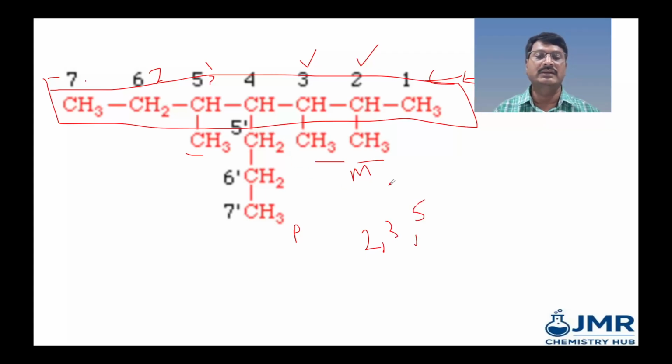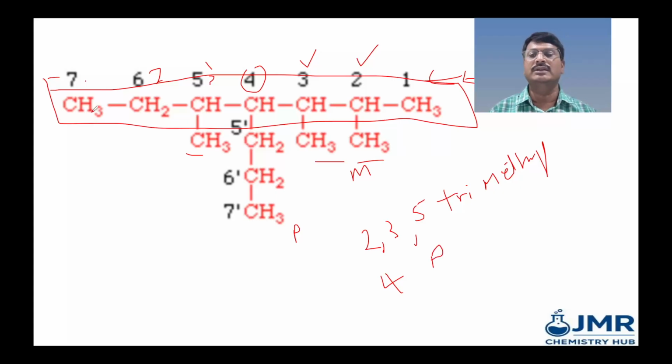Total 3 are there, that's why you write trimethyl. So 2,3,5-trimethyl, and after that you write the propyl. It is present at the 4 position. Write 4-propyl. After the substituents, next you write the parent chain.